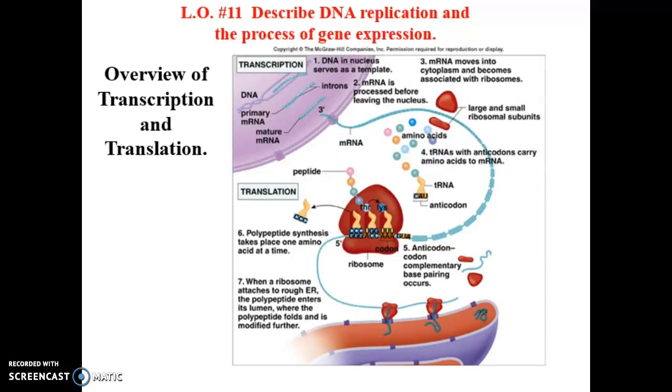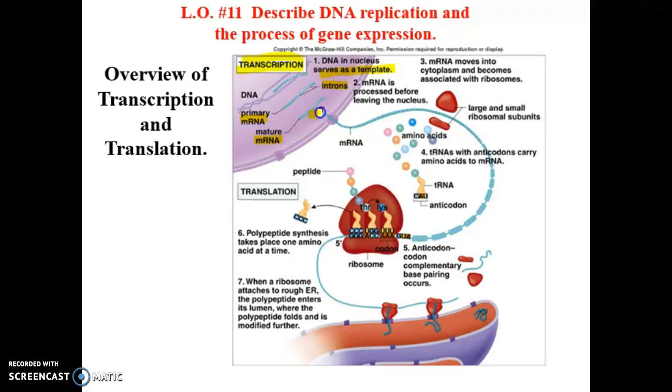All right, so this next slide is a great slide. This is kind of the overview. Transcription happens inside the nucleus. DNA is the template, becomes messenger RNA. Introns are taken out and they stay in the nucleus, and then you have the mature messenger RNA.